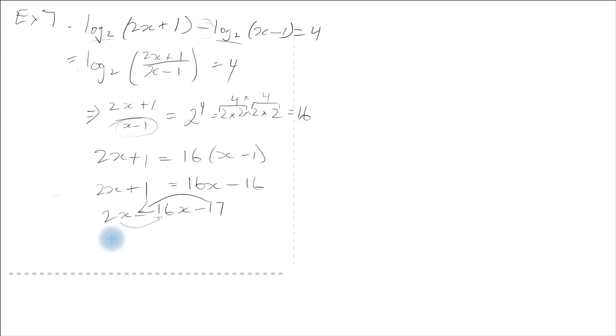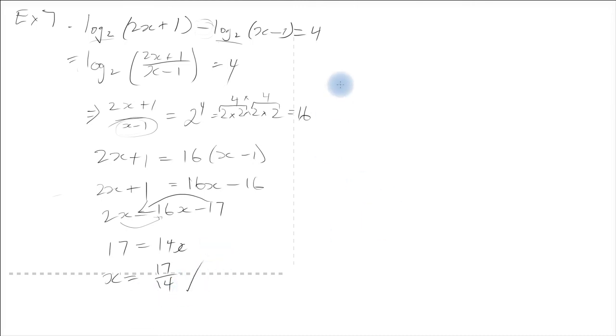That'll give me plus 17 over here, and over here with the minus 2x will give me 14x. Now I'm going to divide by 14, which gives me x equals 17 divided by 14. It's a weird number, that's what happens sometimes. So that is our final answer.